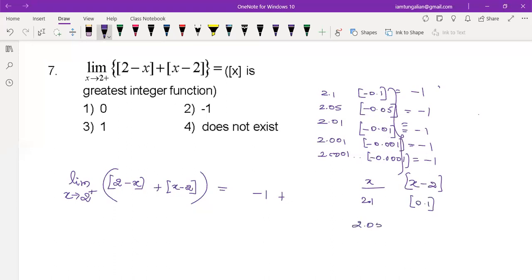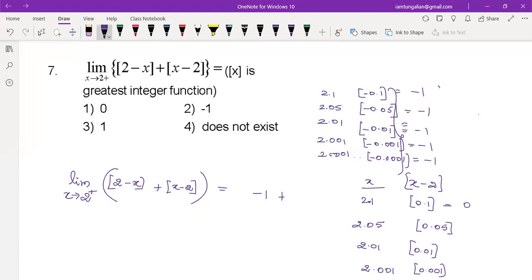Then for 2.05, 2.05 minus 2 gives you 0.05. Then 2.01 gives you 0.01, and 2.001 gives you 0.001, in this way.